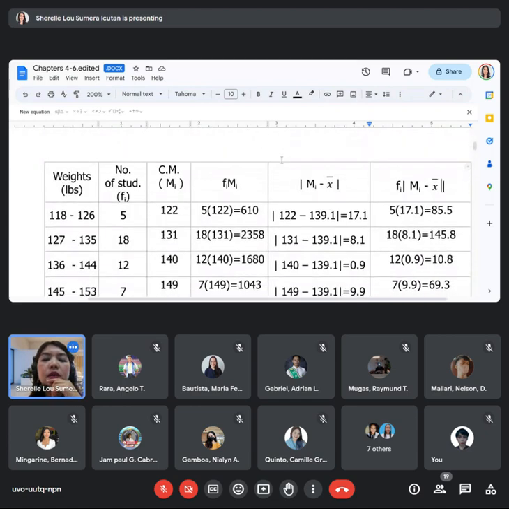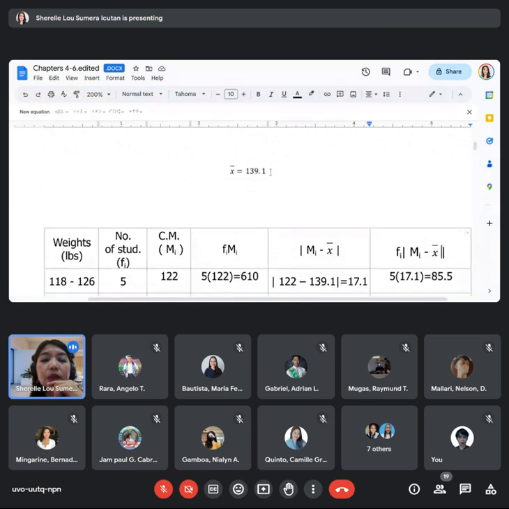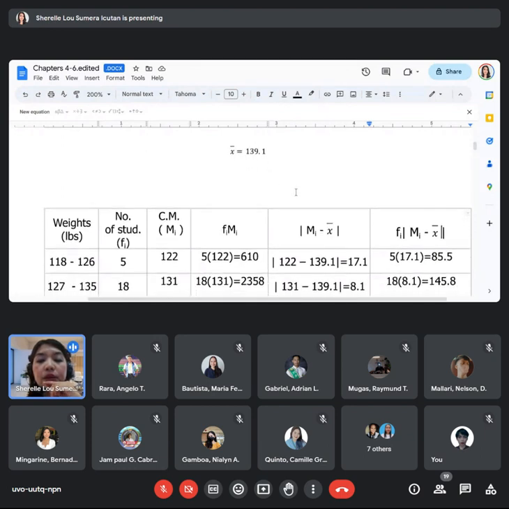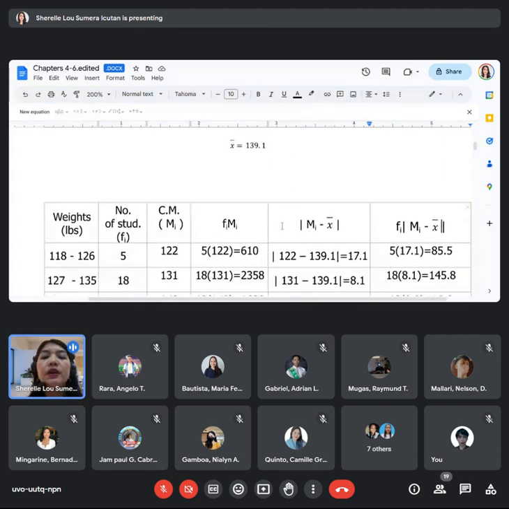In this book, we did not round this into a whole number, but in our exam, for you to have an easier solution, we will just round off the mean into a whole number. So you have to round it off before you subtract.